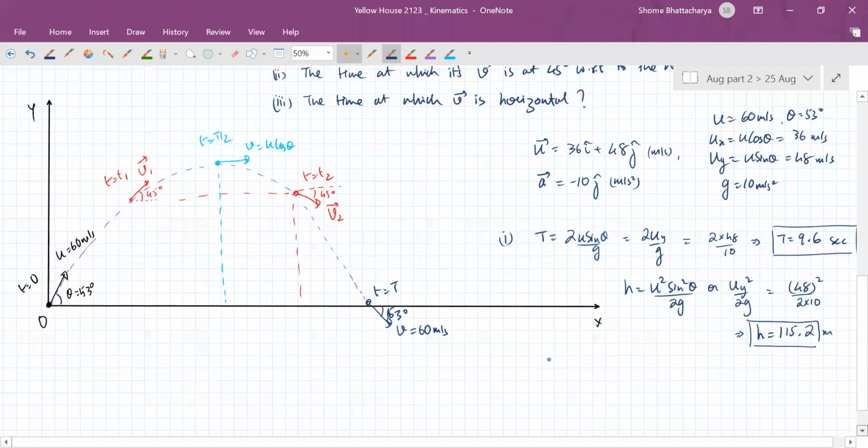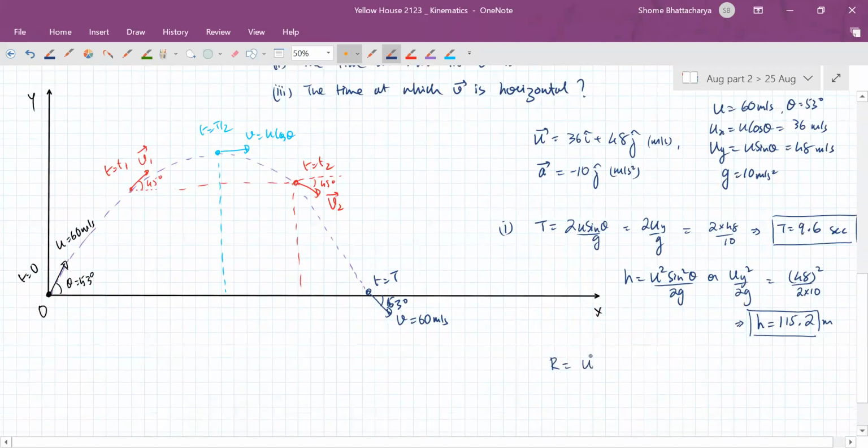Now, when it comes to range, I can use this formula, or I can understand it as the horizontal velocity times the time of flight, which will be somewhat easier actually. So by this explanation, it is equal to the horizontal component of velocity, which was 36, and the time is 9.6 seconds.